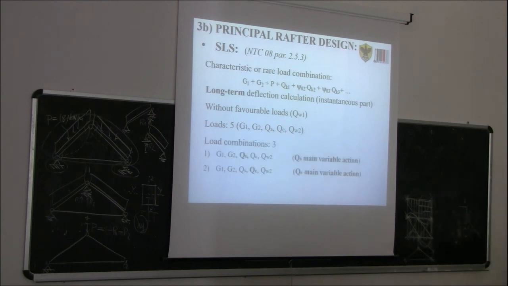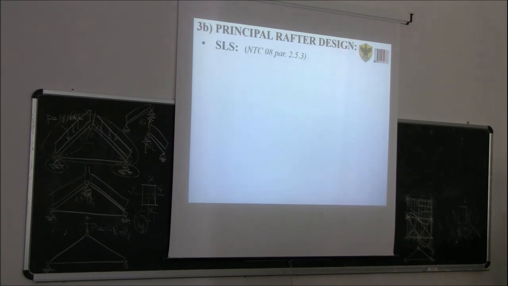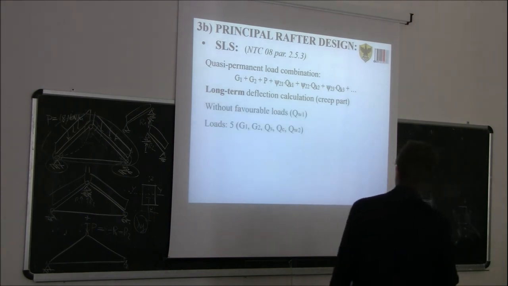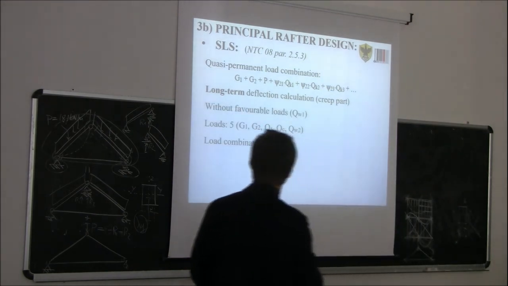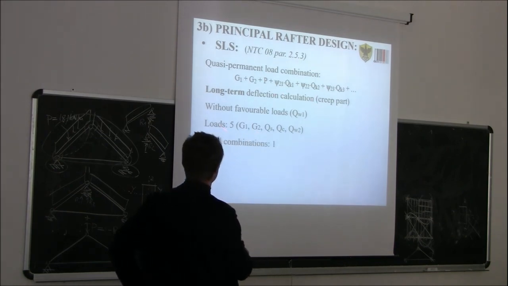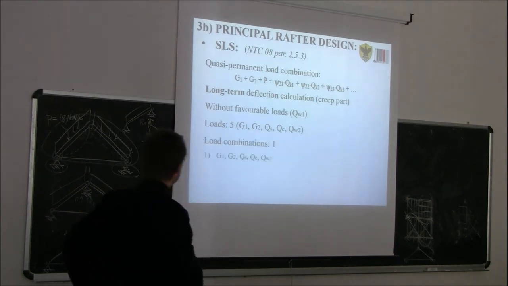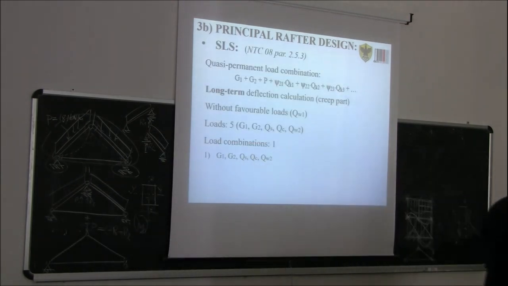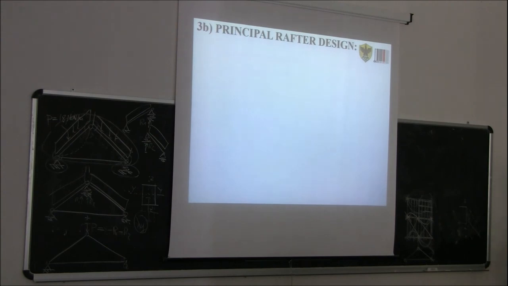We have also here 3 load combinations like before. And then we need to do the creep component. The creep component is taken from the quasi-permanent load combination. We have only this basically, so all the unfavorable loads combined together.